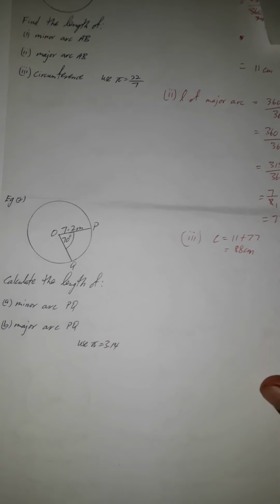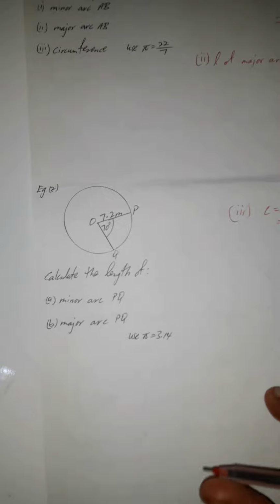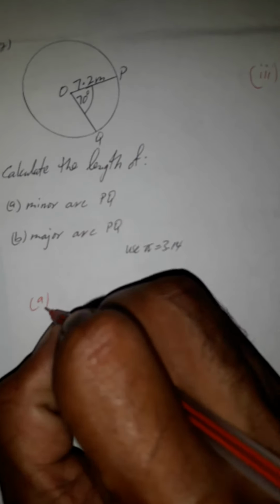Alright, let's see if we can run through this quickly. Part A, minor arc. So length of minor arc PQ will equal, so I'll write the formula. You should memorize this formula.